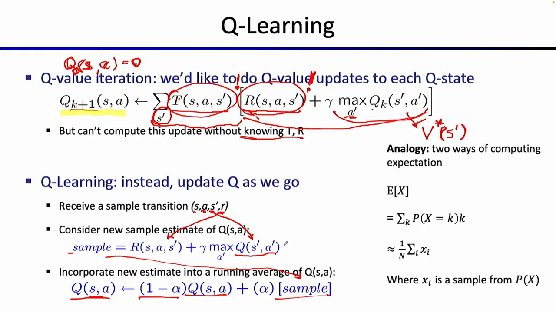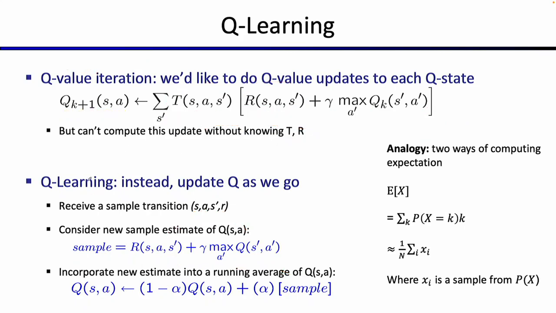Maybe another way to think about it is about these two approaches as two different ways of computing an expectation. What we're really trying to do here is compute the expectation of this quantity.